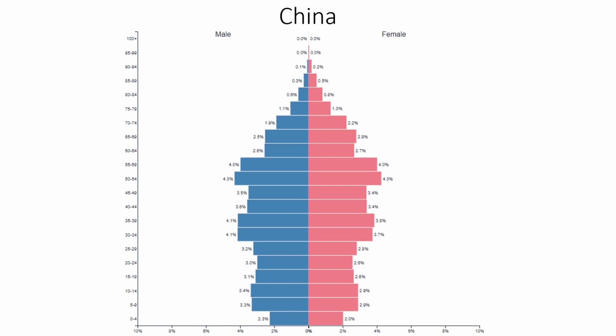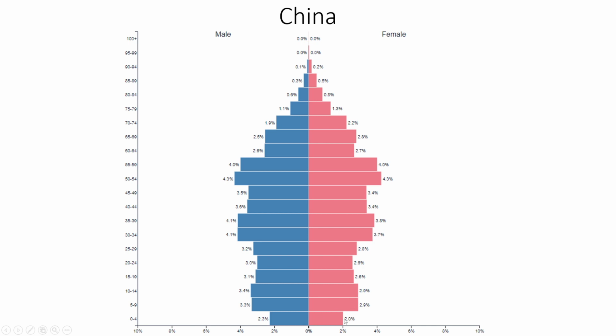If we look at the population pyramid of China, we can see that it has some disproportion in different age groups. That's still the trace of World War II. And we can see that the population of China is slowly declining.